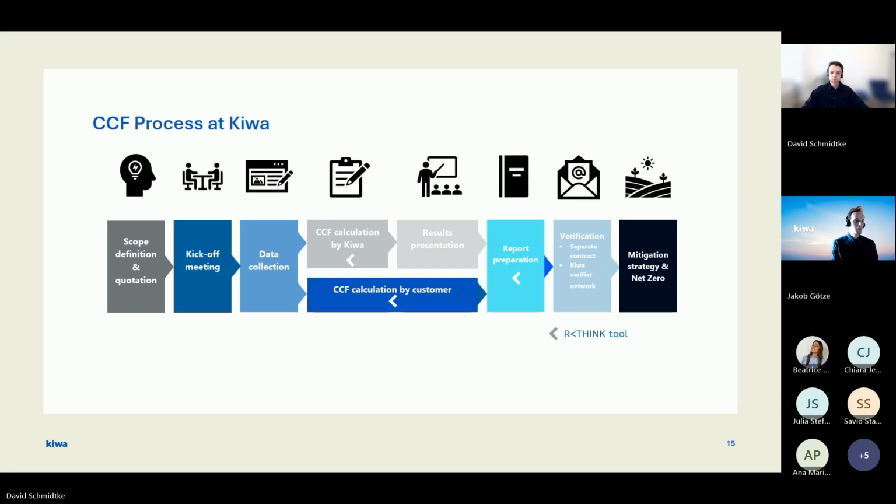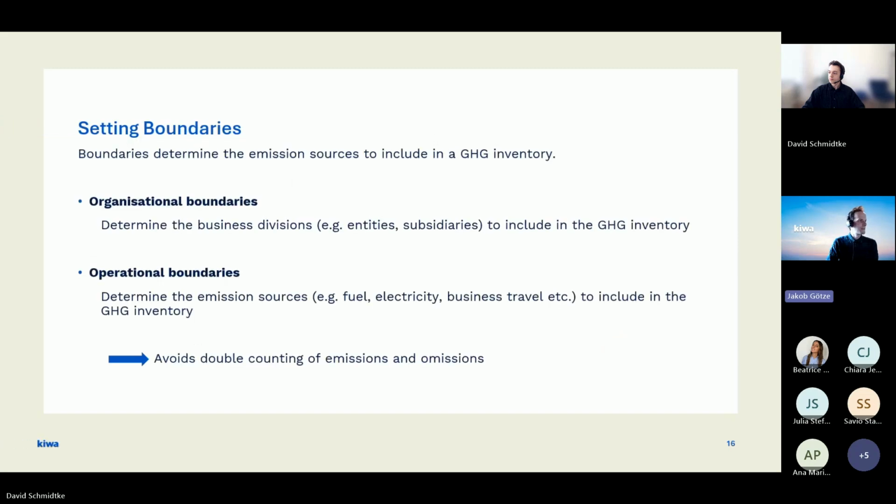And afterwards, the results of the corporate carbon footprint can be used in mitigation strategy, net zero planning, and thereby achieving the net zero goals outlined in the Paris Climate Agreement. Next, please.